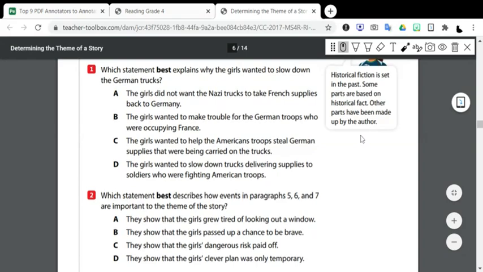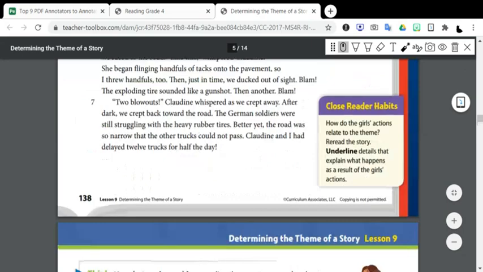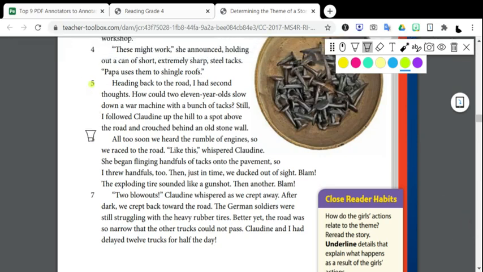C, the girls wanted to help American troops steal supplies that were being carried on the trucks. This statement is absolutely false. This never happened in the story. I know that because I go back and I reread. I always want to make sure when I choose or eliminate an answer that I've already gone back and checked it.